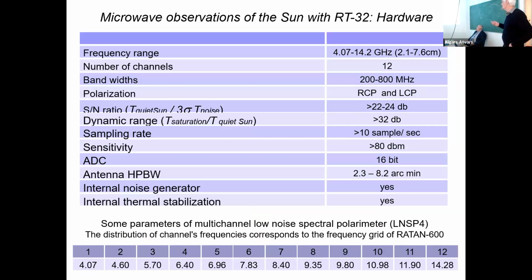Maybe it is not very interesting, but this distribution of frequencies channel by channel corresponds to the known grid of frequencies made by Kaidanovsky and Gelbrich in the early 60s, and corresponds to the frequencies of RATAN-600 solar receiver, let's say.